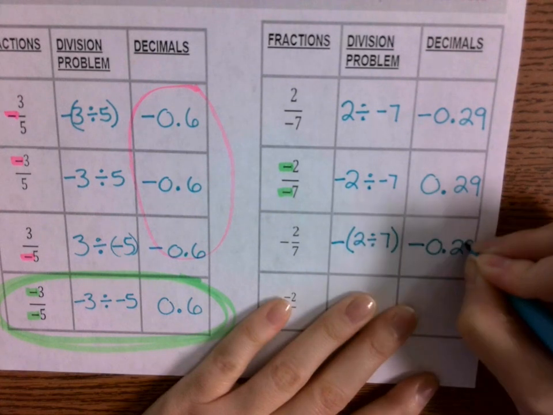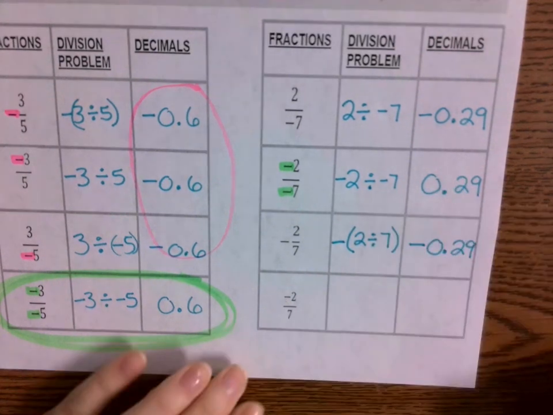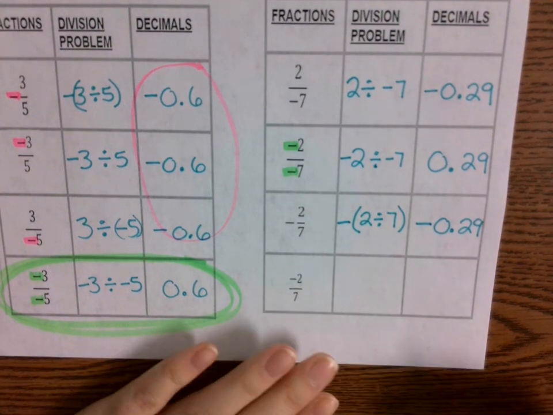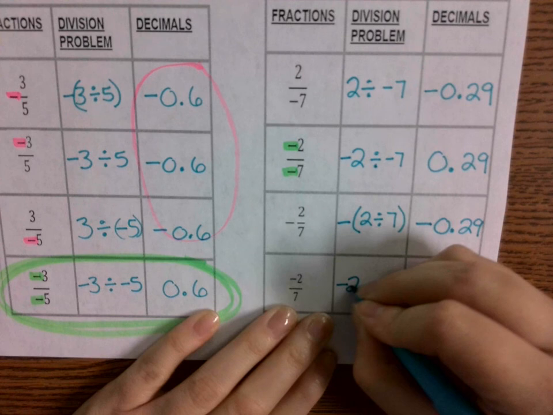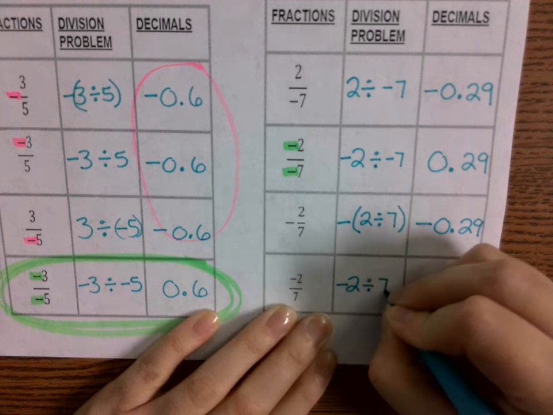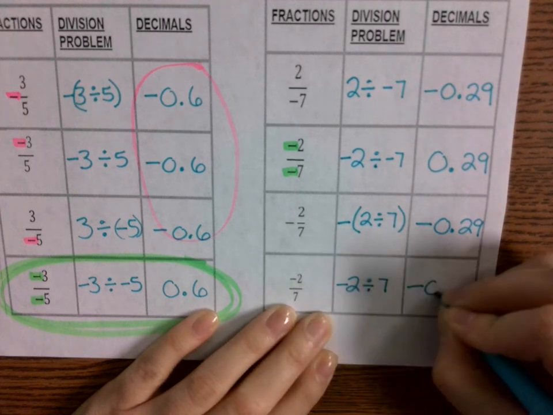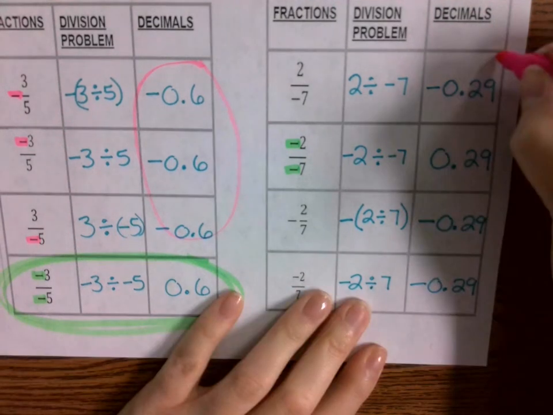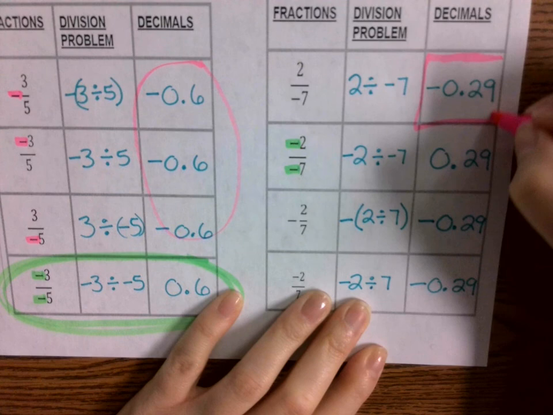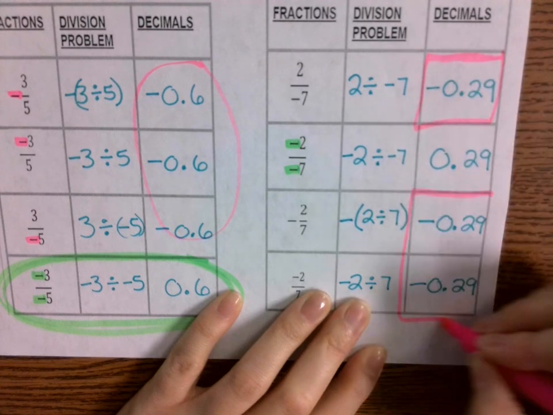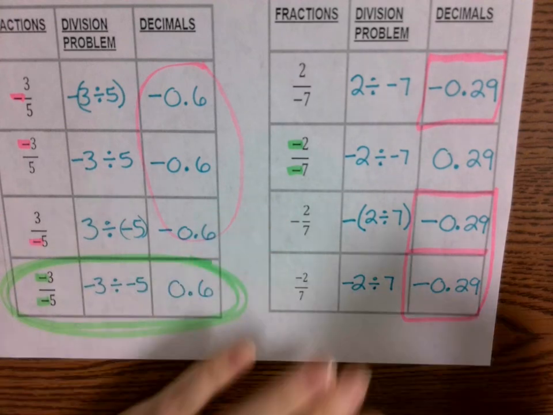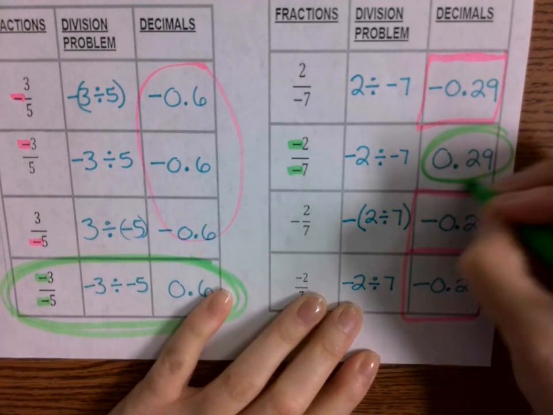And then the last one, we have the negative assigned to just the numerator. So it's negative 2 divided by a positive 7, negative 0.29. So again, we've got our equivalent ones here, and then these two here. The only one that is different is the one that came out to a positive.